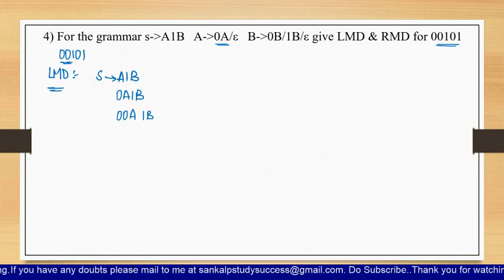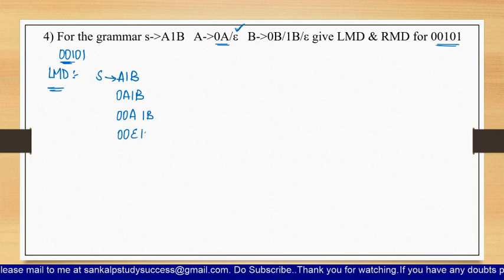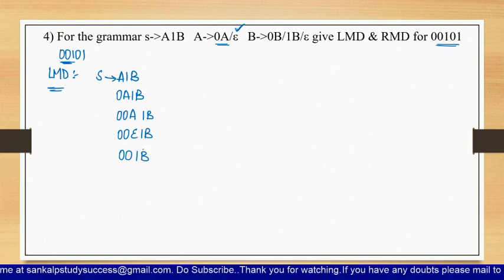So here, these two zeros are followed by ones and there is nothing in between these two, right? So we are going to remove this A, because here we are having epsilon production. So here 00 epsilon and 1B, and if you remove this epsilon you will get 001B. So here we are having only one non-terminal, and in place of this capital B, here we are having a 0 and 1, correct?